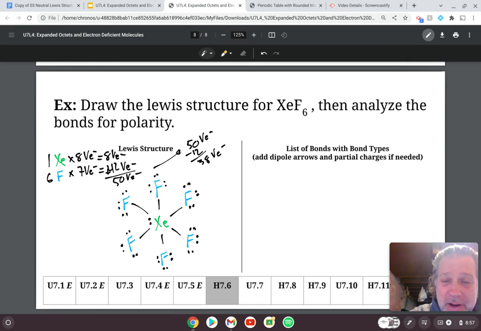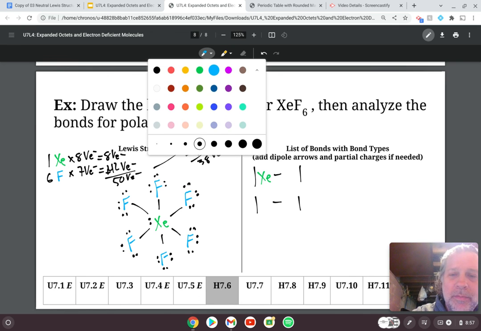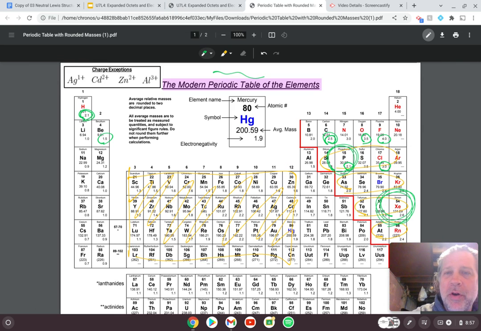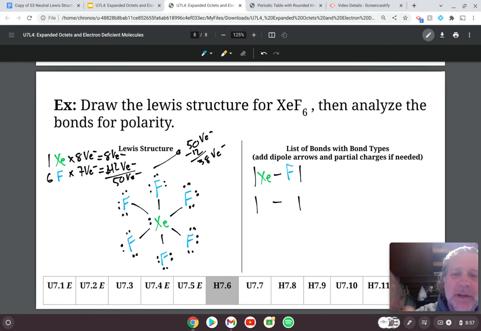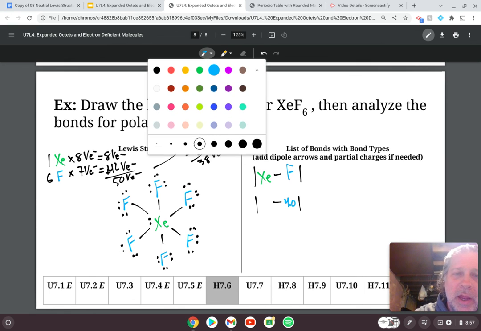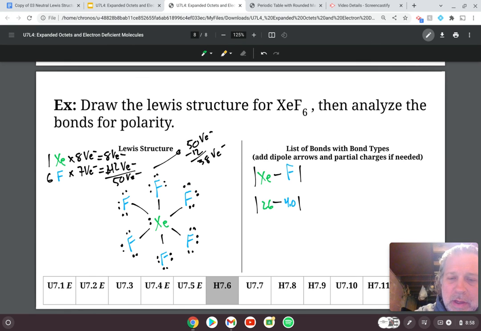So now we're going to go ahead and identify what type of bond this is. So I have xenon, and I have fluorine. I'm going to go to my periodic table, and I'm going to see that fluorine has an electronegativity of 4.0, and xenon is 2.6.